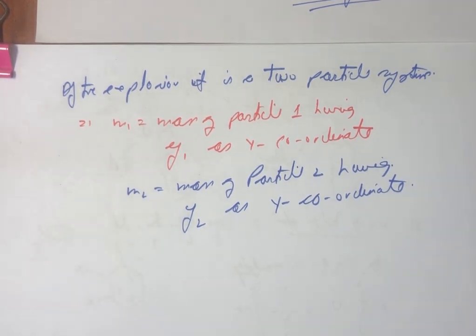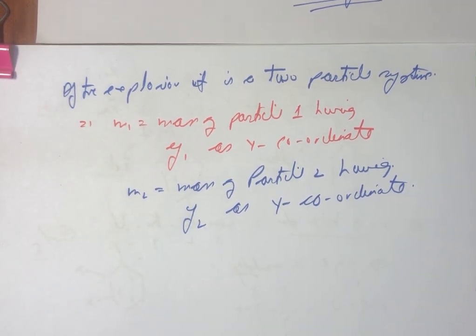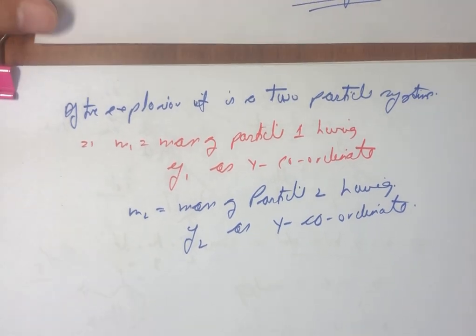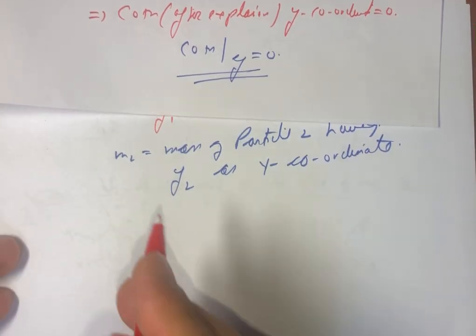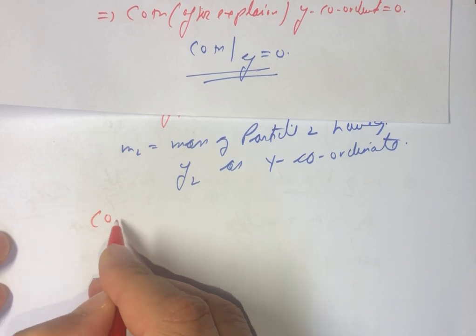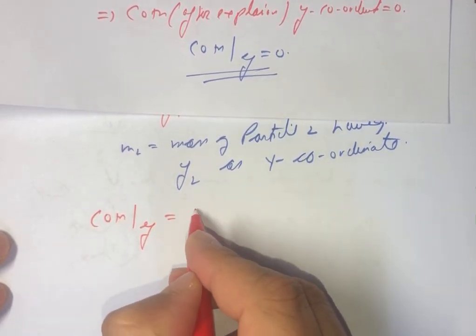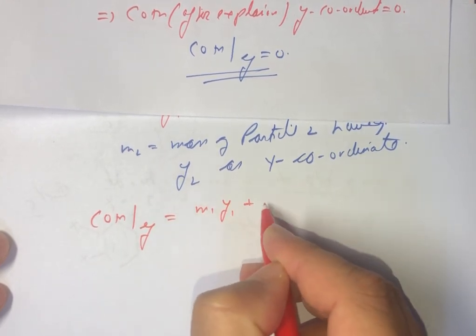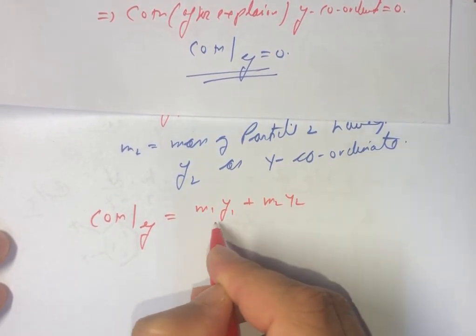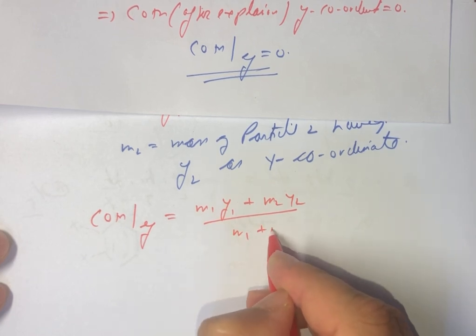So we already know the formula for the center of mass. We can use it here. We know that center of mass in y direction will be equal to m1 y1 plus m2 y2 divided by m1 plus m2.